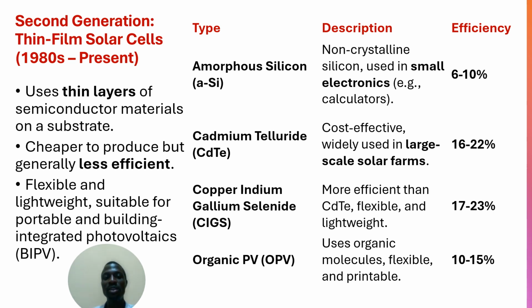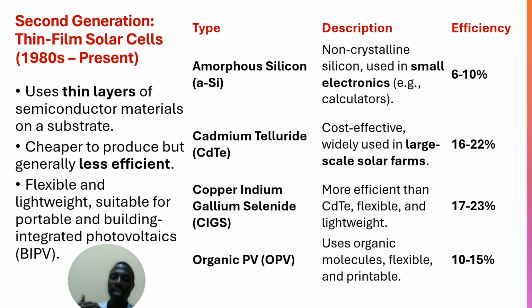Next to cadmium telluride is copper indium gallium selenide. Sometimes sulfide is used. Now, these thin film solar cells are more efficient than cadmium telluride, and actually it has more non-toxic materials in it, unlike cadmium that is toxic. The only drawback is that indium and gallium are becoming scarce and are very expensive.